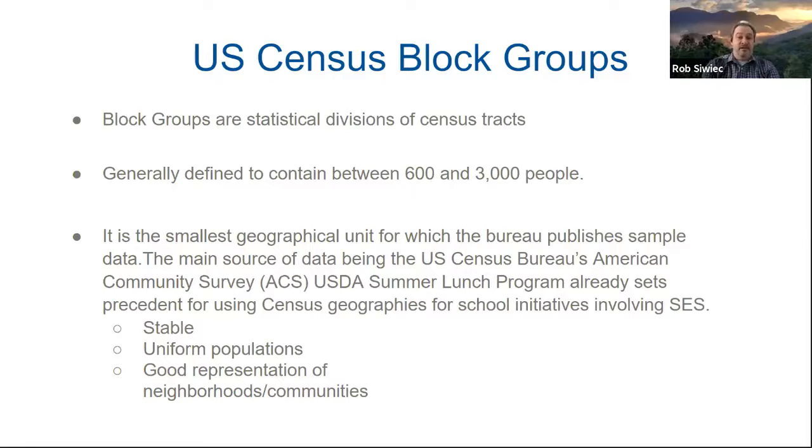Students also reside in a specific block group, which helps us identify the economic health of students by their block group. And unlike our base attendance areas and other draw areas that we change annually, the block groups provide us with a stable, uniform representation of neighborhoods for 10 years that share the same socioeconomic traits.